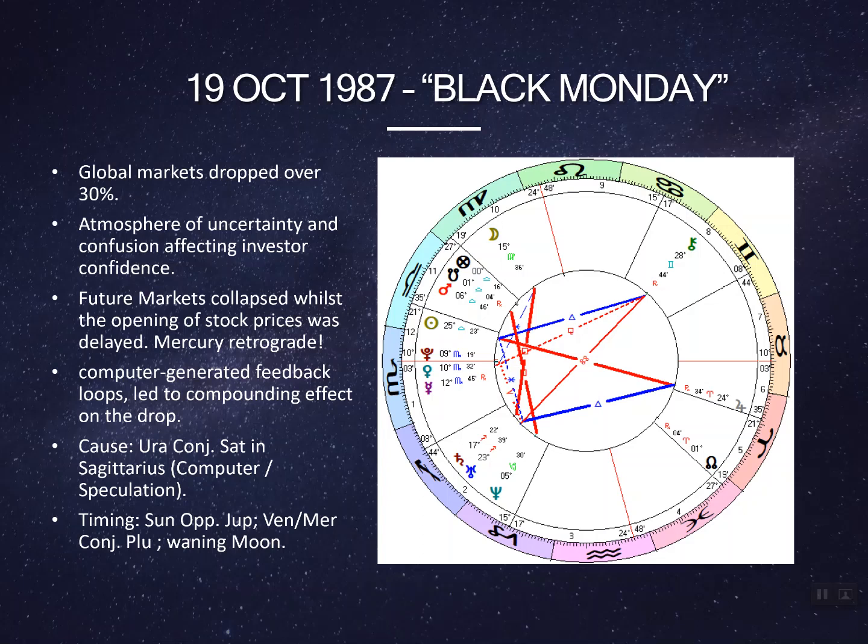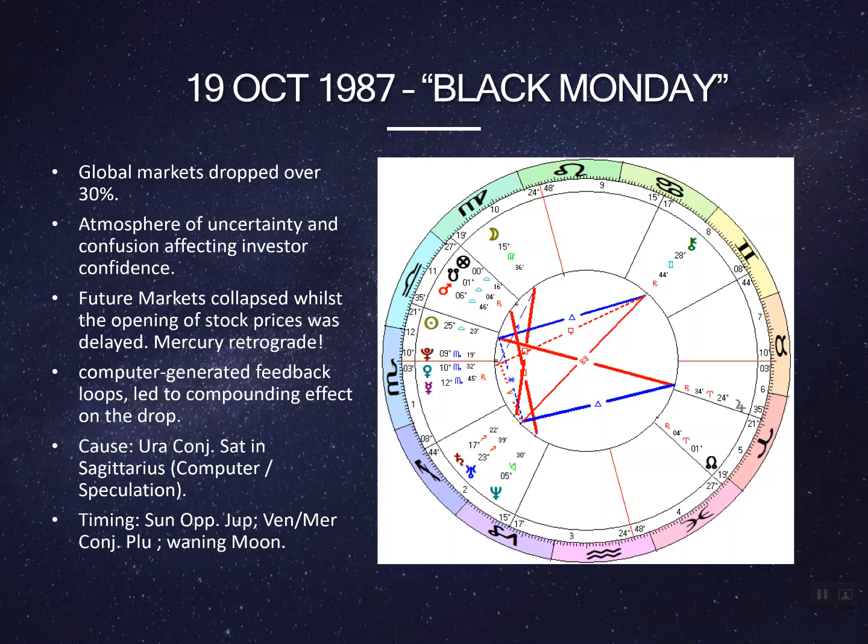The reason for that was with the advent of computers, a lot of investment and trading houses were using computer programs to trade, and the computer programs were essentially looking at the trend of the market and basing the decisions on that trend.